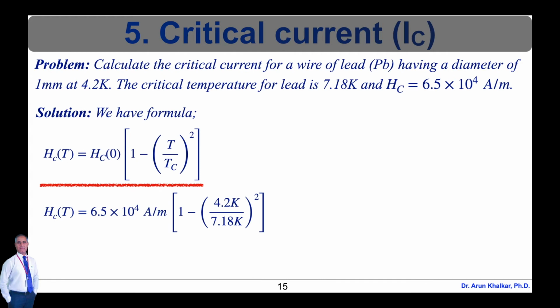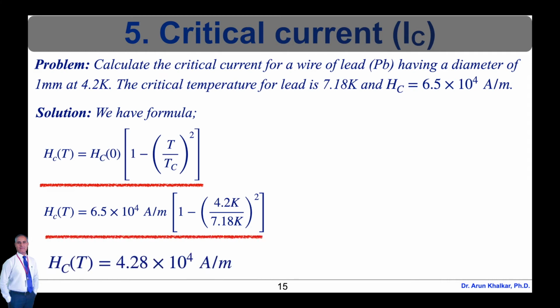Therefore, simply by putting the values in this formula, we can write HcT is equal to 6.5 into 10 raised to 4 ampere per meter into bracket 1 minus 4.2 Kelvin divided by 7.18 Kelvin whole squared. After solving this, we get HcT is equal to 4.28 into 10 raised to 4 ampere per meter.